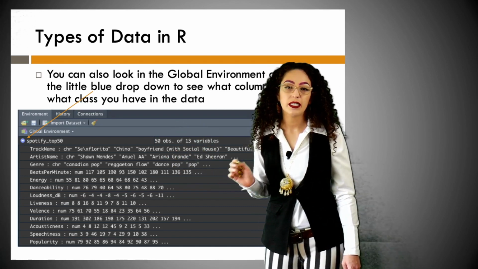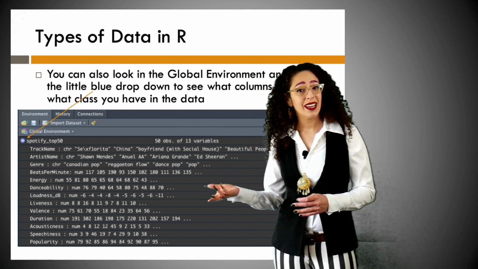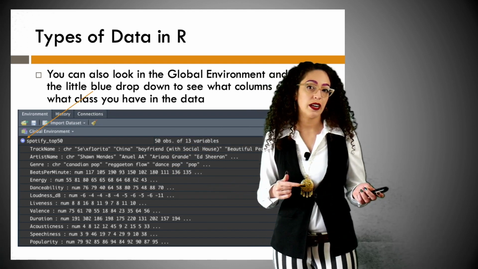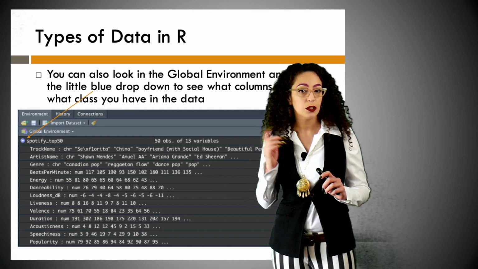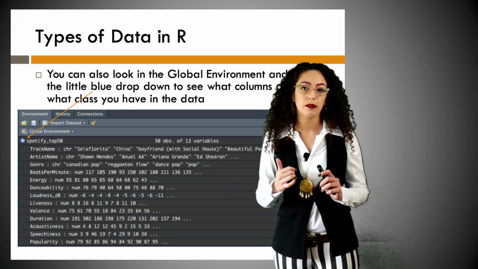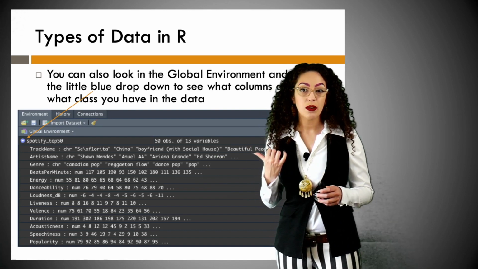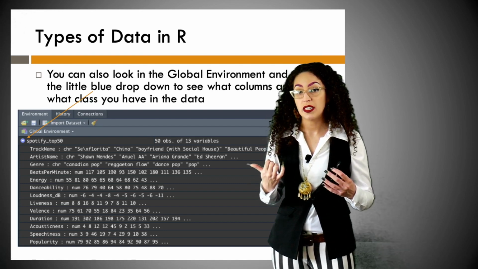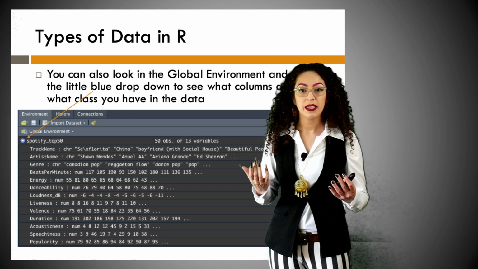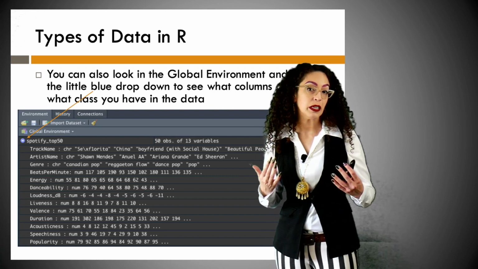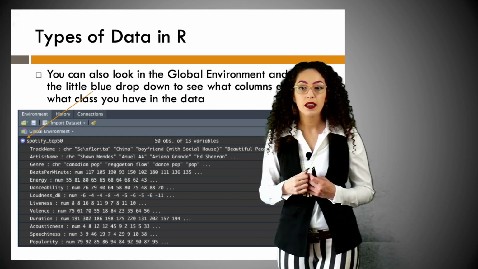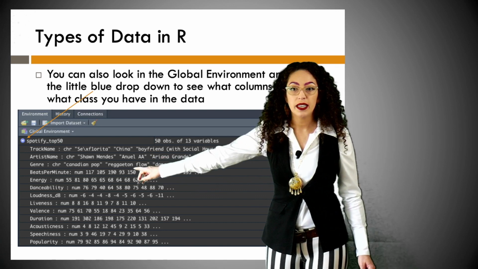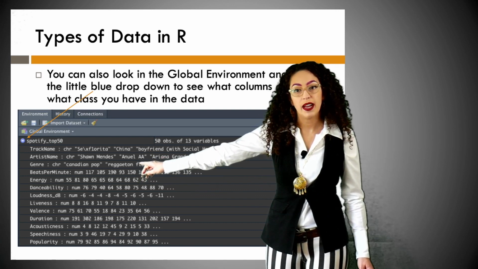Then we have artist name. Now this one, it could be a character, or we can turn it into a factor. And in this case, in future examples, I do turn it into a factor because I'm curious, did any one musical artist have more than one top 50 hit in 2019? Basically, did any of them have a frequency greater than 1? Then we have genre, and here, this is before I changed it into a factor.